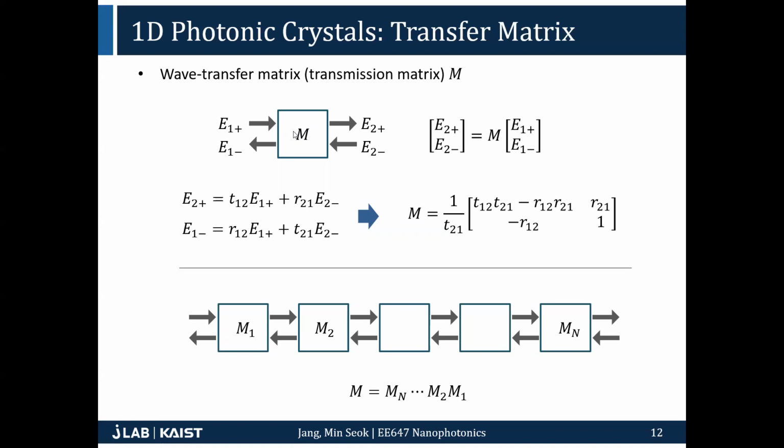And what we do know is that, let's say we want to know about E2 plus, for instance. In order to have E2 plus, E1 minus is irrelevant, right? Because it's an outgoing wave, so there's nothing. If you think about how to create E2 plus, you should add the transmitted portion of the E1 plus wave and the reflected portion of the E2 minus wave, right?